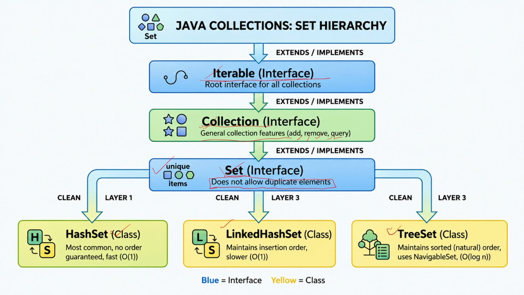So let's see HashSet. HashSet means no order guaranteed, no order, no sorting. Order means insertion order, the order in which the elements are stored in the HashSet.